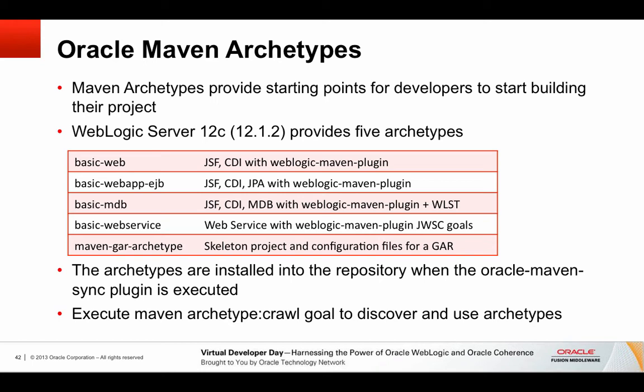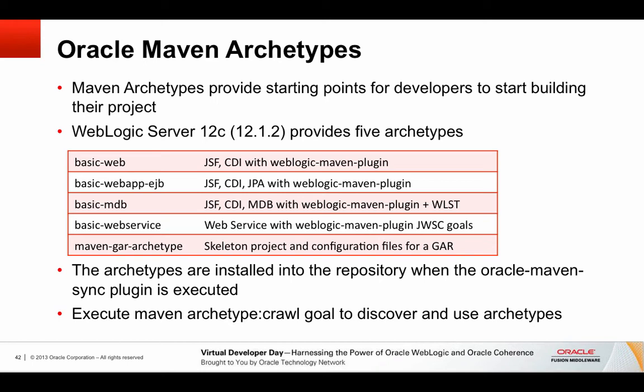In this case, we're using JSF, CDI and JPA to persist some information into a database. We've got an example with MDB, which then has a requirement on JMS resources. So it includes an MDB example, but also a WebLogic Maven plugin configured to execute a WLST script.